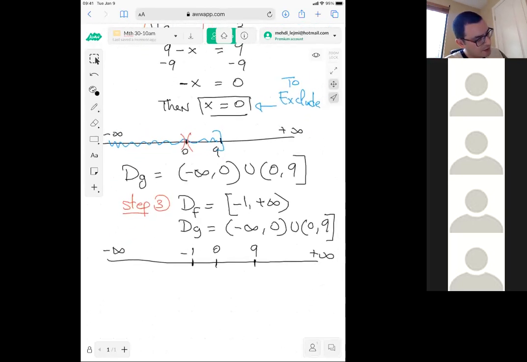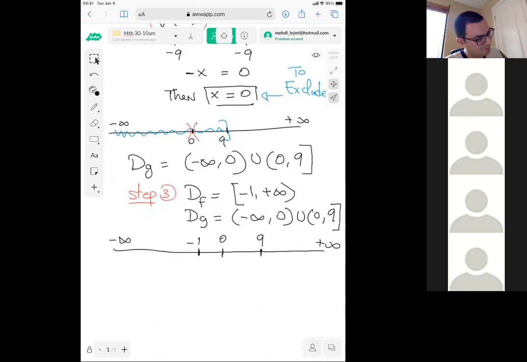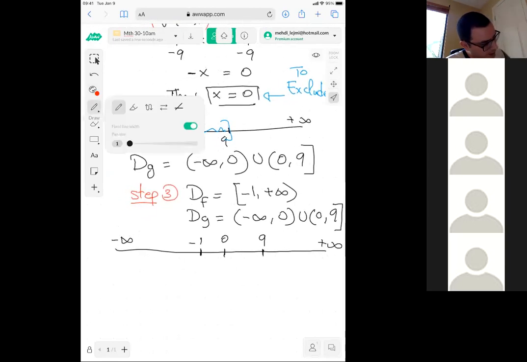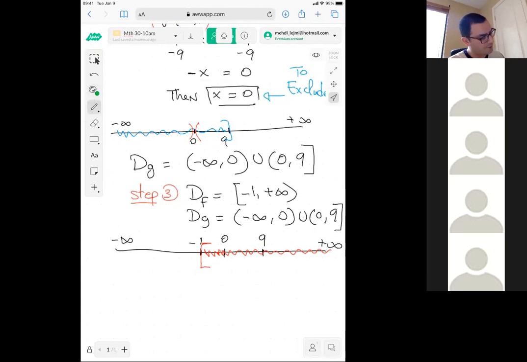So now let's draw the domain of F. So domain of F, it's -1 to positive infinity. So here's the domain of F, -1 included. Then domain of G, it's negative infinity to 0, 0 excluded, right?